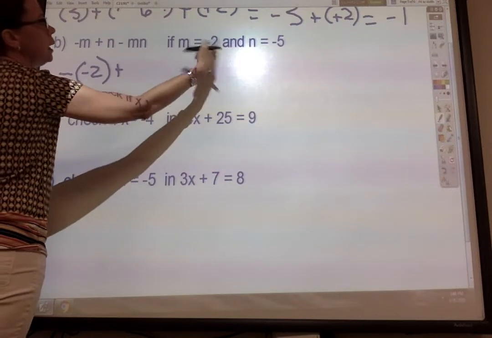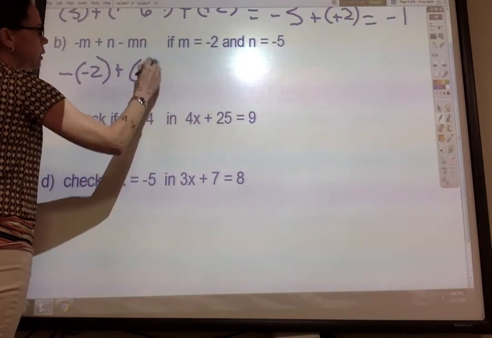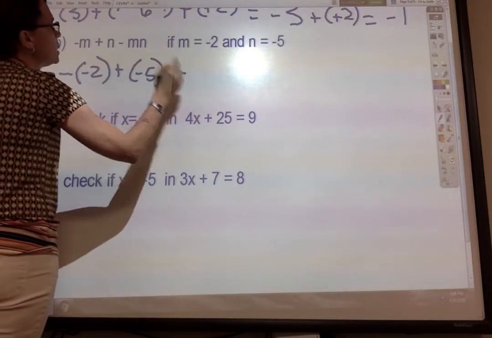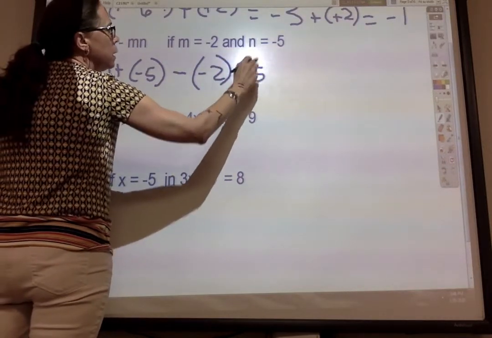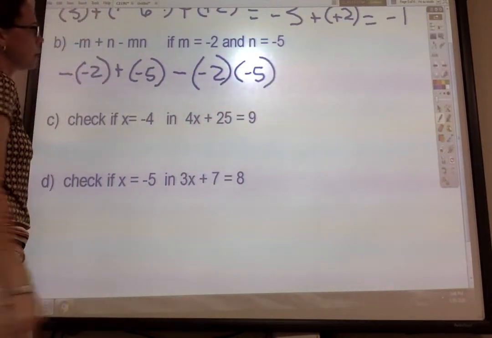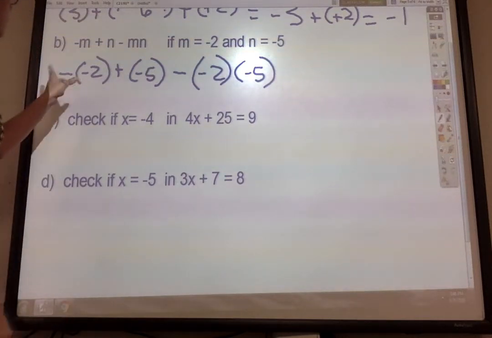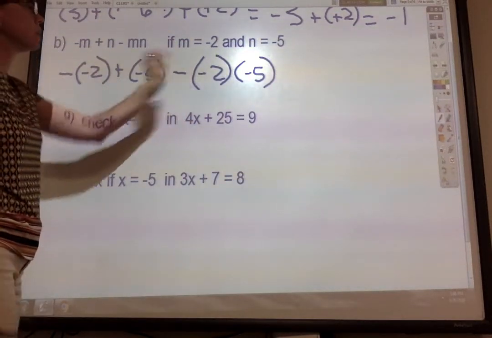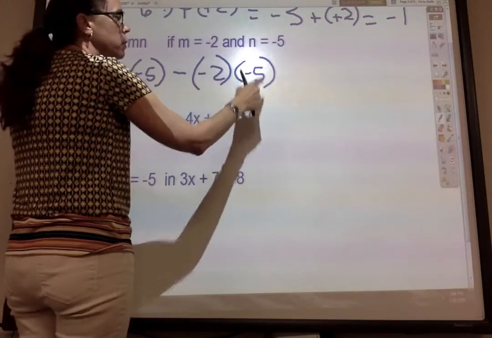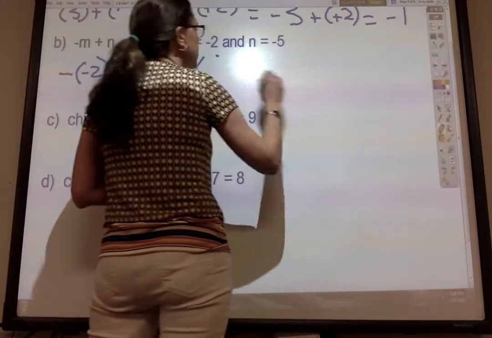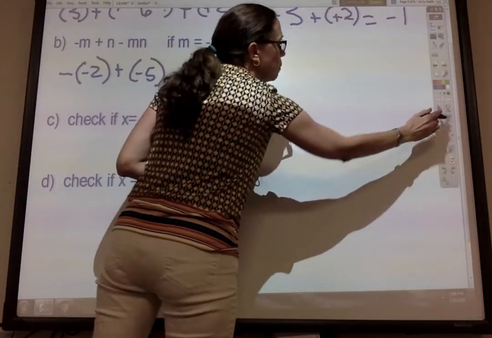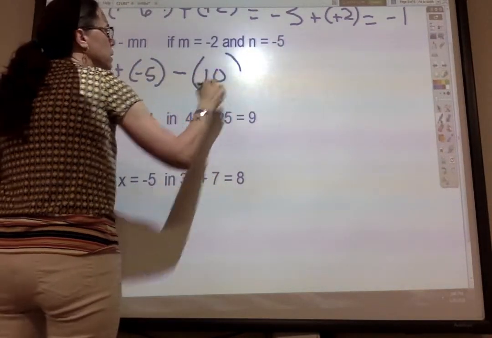Plus n is negative 5 minus m times n, negative 2 times negative 5. Okay? So I've got addition, subtraction, multiplication. Negative 2 times negative 5 gives me a positive 10. So I'm going to replace this with a positive 10.